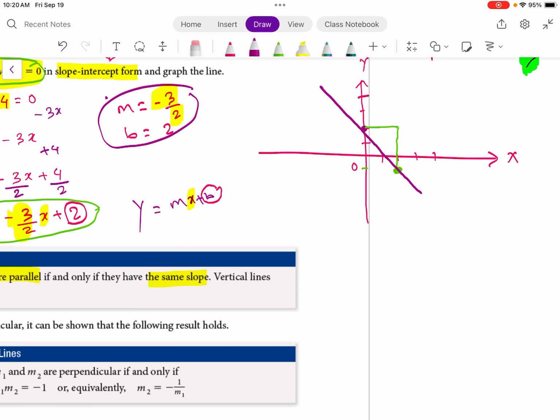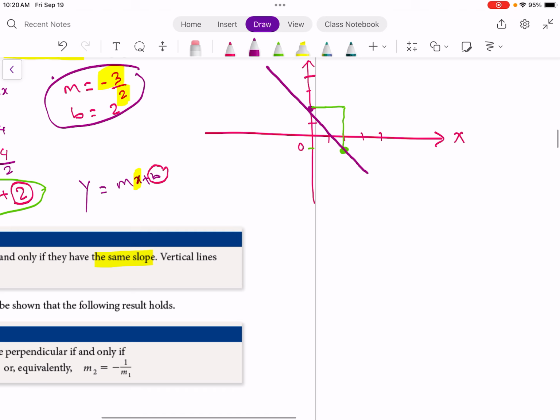So what kind of lines are parallel? Let's draw, this is our first line. Now how do we draw another line which is parallel to L1? Parallel means when we extend on both sides, they never meet each other, right? So let's draw another line here, L2, and these two lines are parallel to each other.